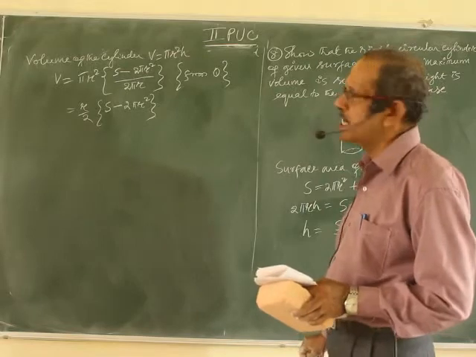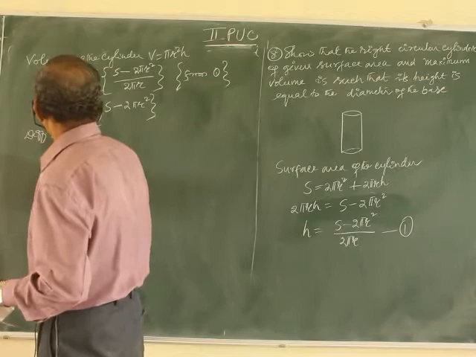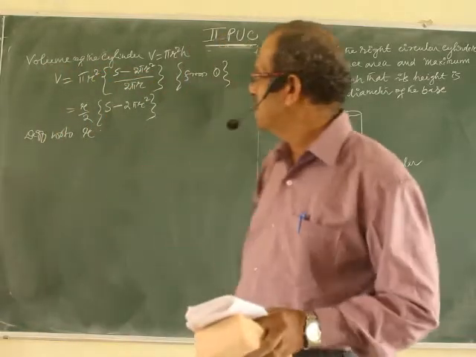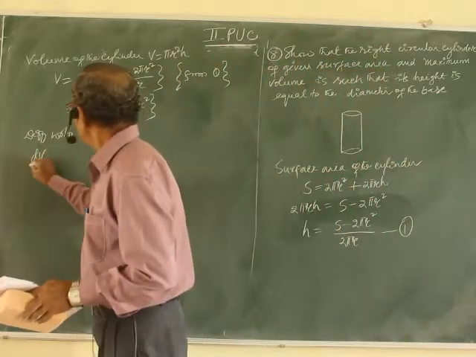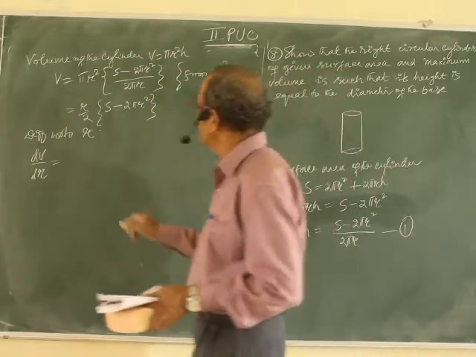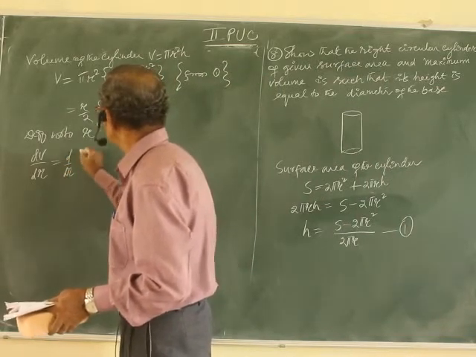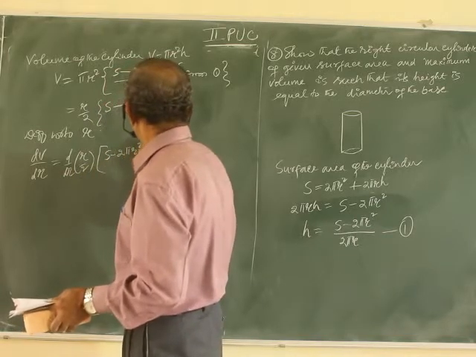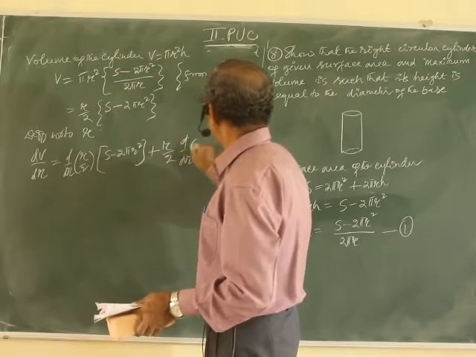Volume of the cylinder. Now, differentiating with respect to r, because the variable is r here. dV by dr equal to product formula: derivative of the first function into second as it is, plus first function as it is, derivative of the second.